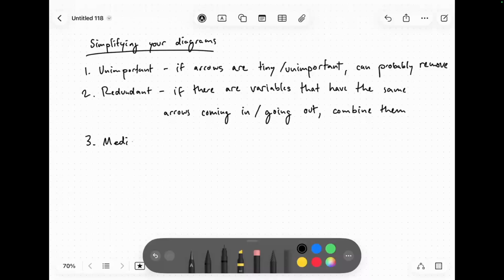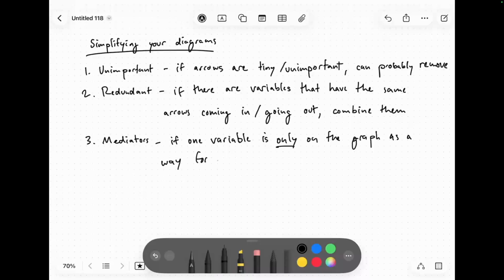Three, mediators. If one variable is only on the graph as a way for one variable to affect another, so this might be like A going to B going to C, then remove it.